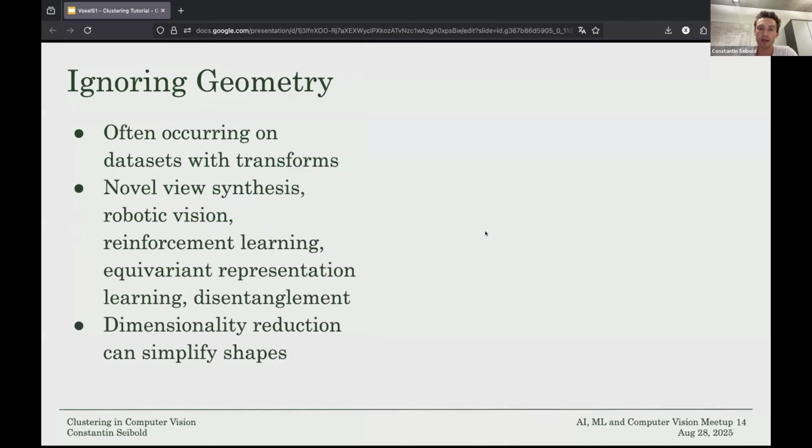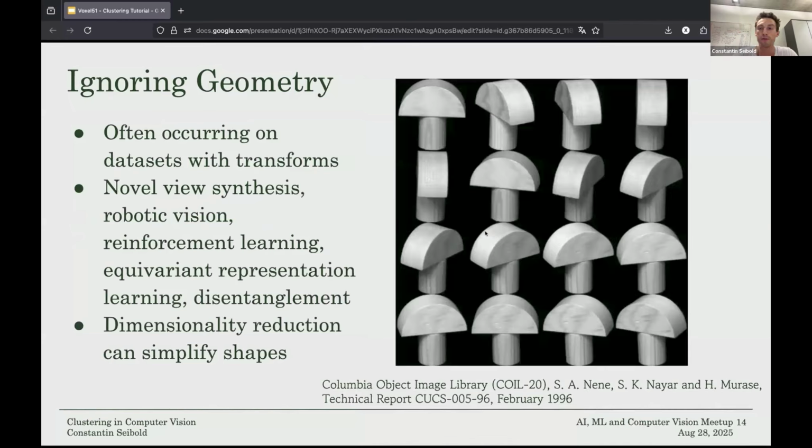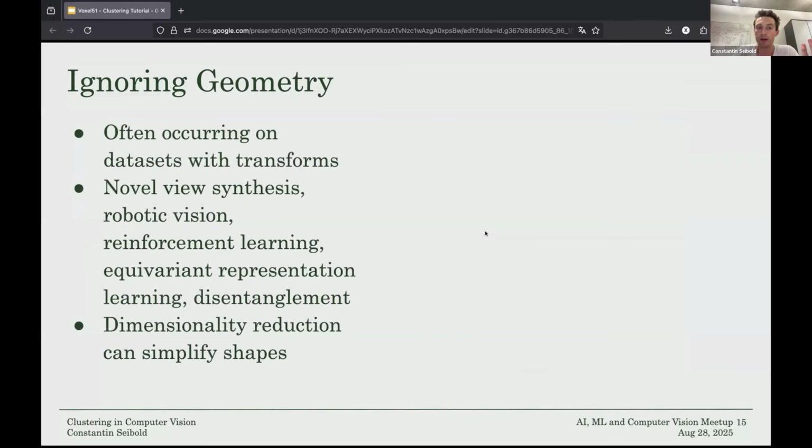Another problem is in data sets which contain a lot of transforms, like the COIL20 dataset, where there are basically different SO2 transforms applied to 20 sample images. This might also lead to problems when applying clustering.